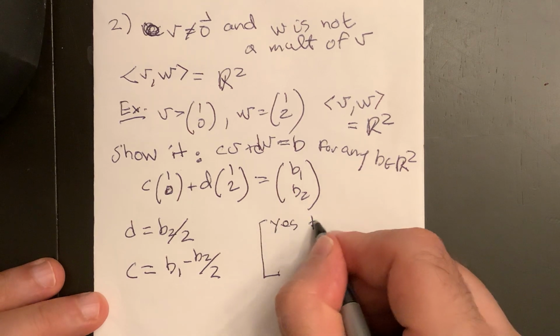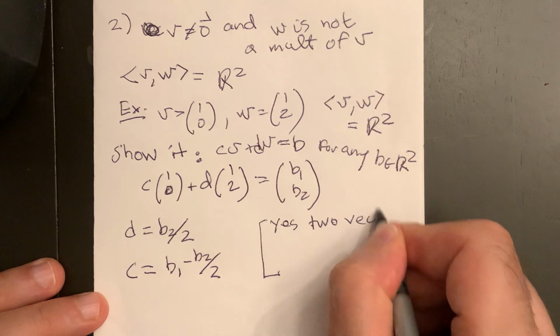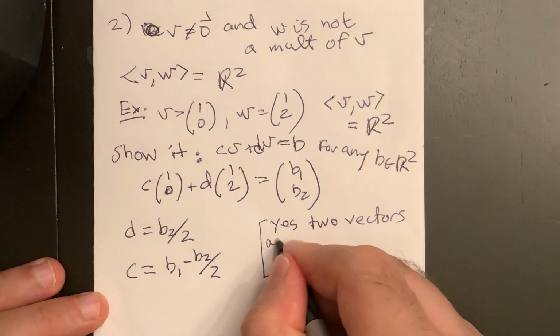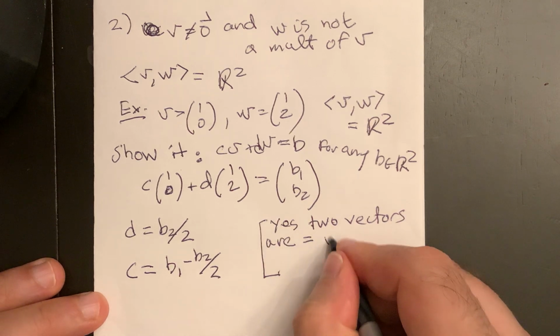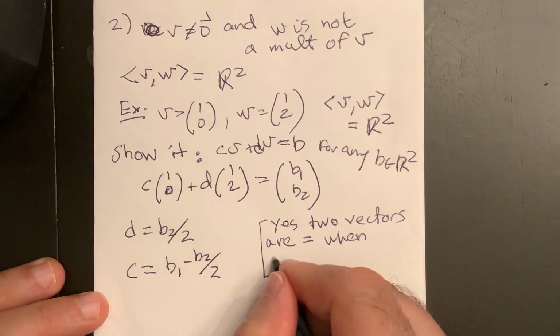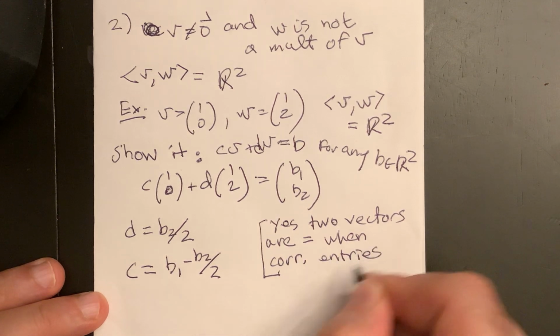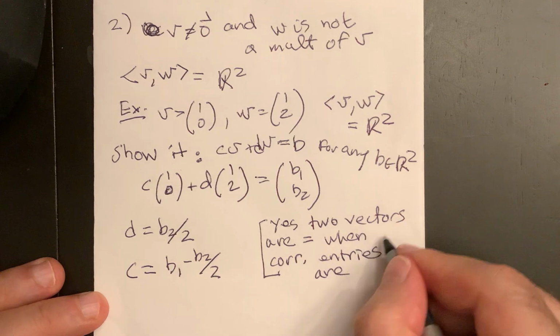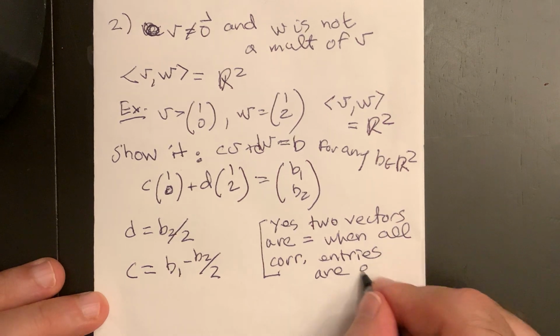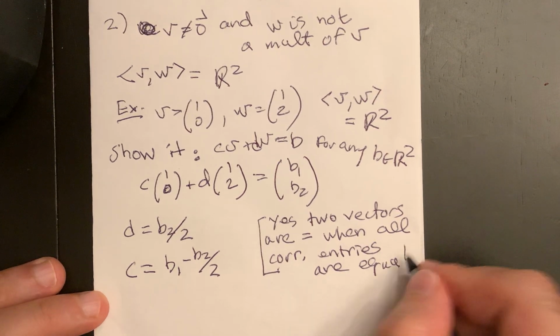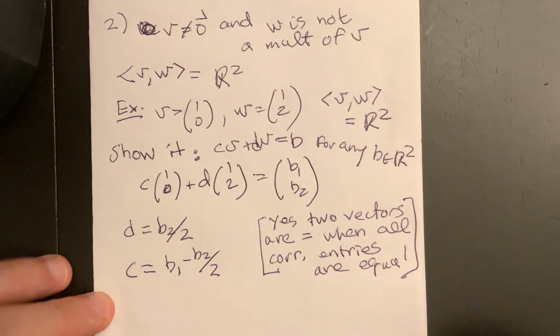And yes, two vectors are equal when the corresponding entries are equal. All corresponding entries are equal. Okay?